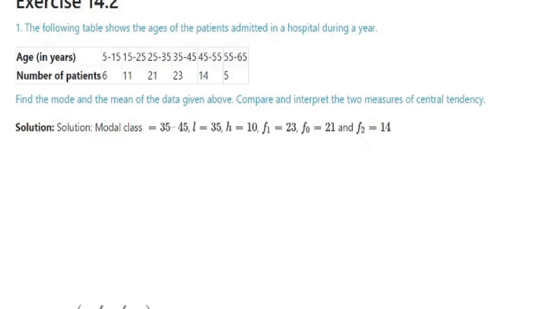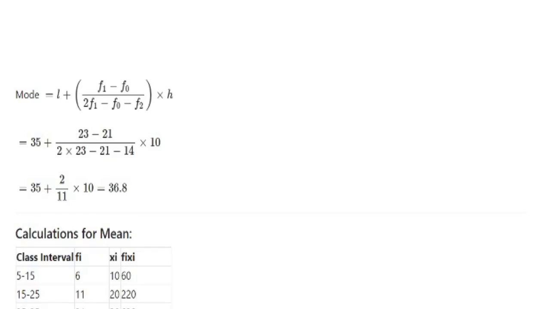Now we have to write down the formula. Mode equal to L plus (f1 minus f0) divided by (2f1 minus f0 minus f2) into h. So L, the lower limit, is 35, and f1 is 23 minus 21 divided by 2 into 23 minus 21 minus 14.